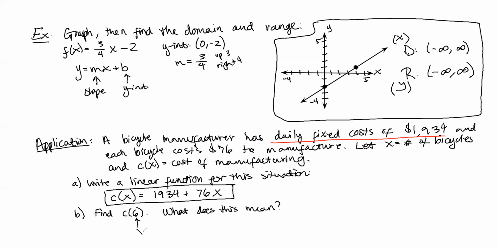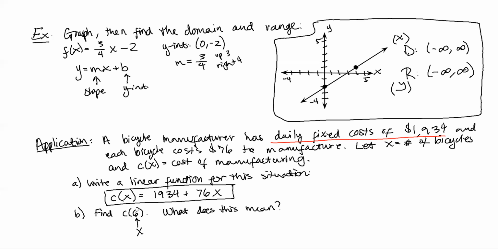That 6 was for X. And what does X represent? Well, X is the number of bicycles. So when we have 6 bicycles, the cost is going to be whatever you get when you plug in 6. So that'll be the meaning for that one, and I'll let you guys find C of 6 or C of whatever your homework problem is. It's probably a different number than 6.